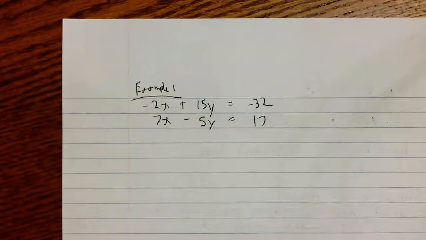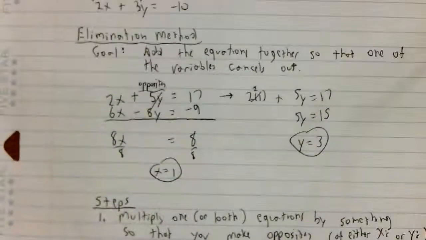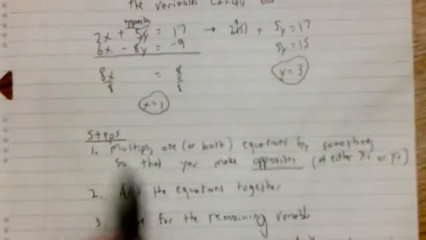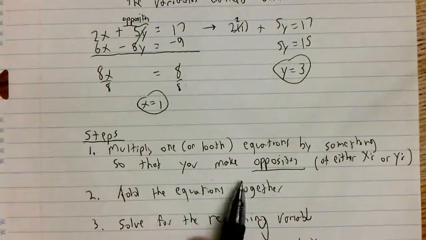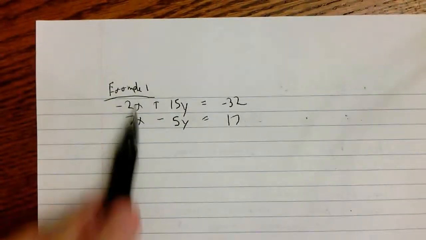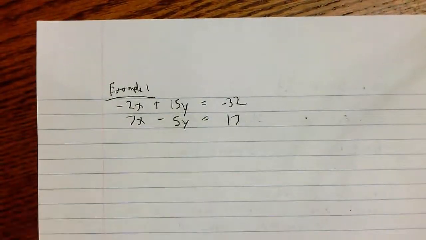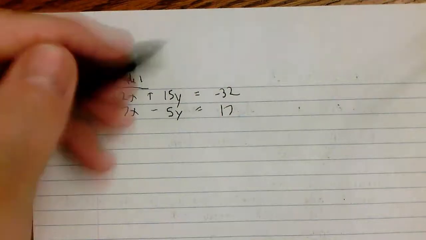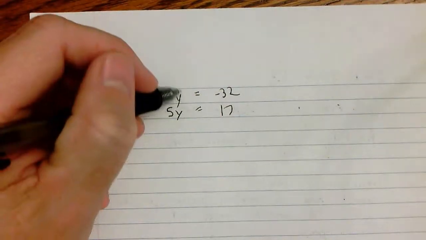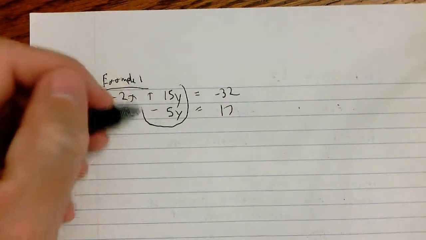All right, so the key step here is step 1: multiply one or both equations by something so that you make opposites. It doesn't matter whether you make the x's into opposites or the y's. You want to choose the one that's easier. In this case, the y's look easier.